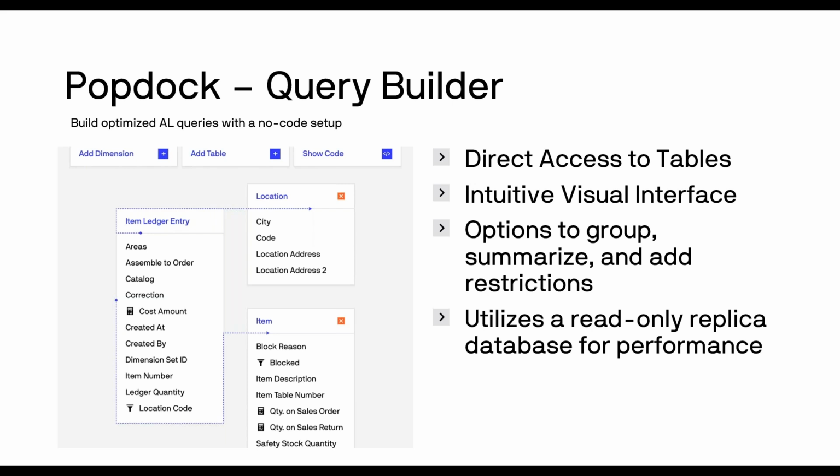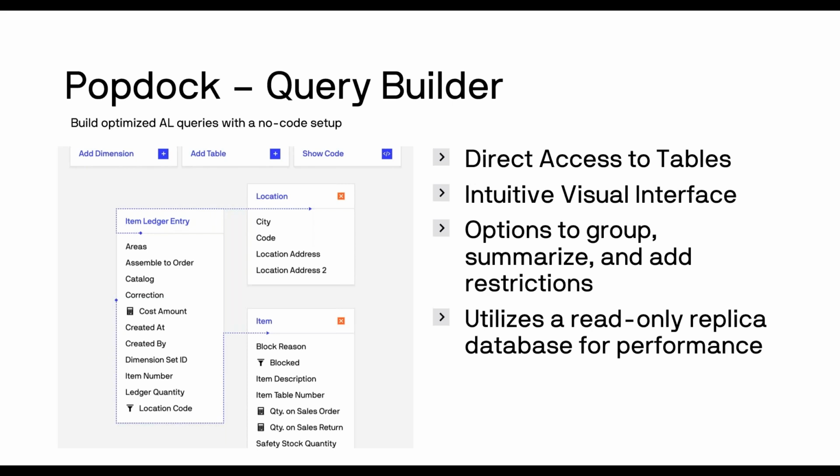The visual interface for building a join list is very similar to the experience for your Query Builder list, except the big difference is with a join list inside of Popdock, we're joining together two lists of data that Popdock has access to that might be going across different connectors that you've set up, whereas with Query Builder, instead of lists, we are allowing you to join together tables from your Business Central environment.